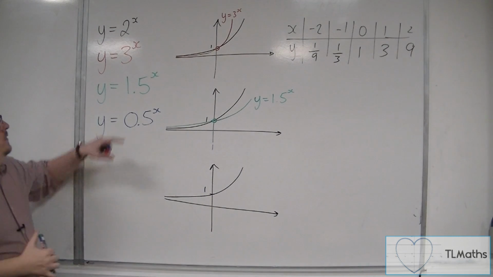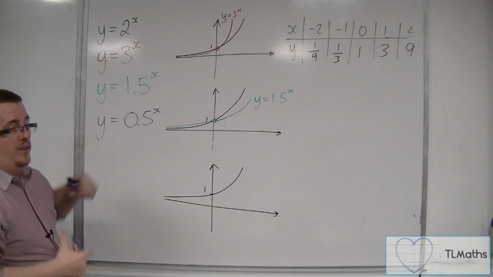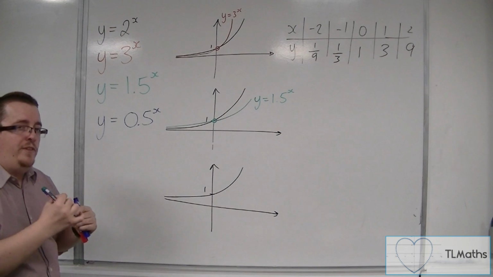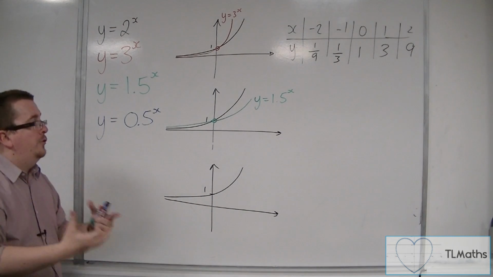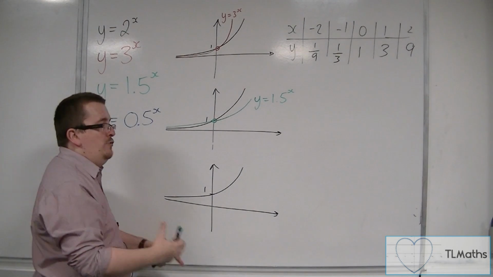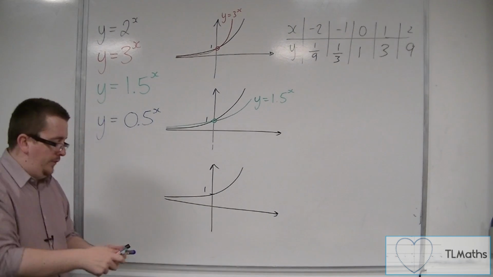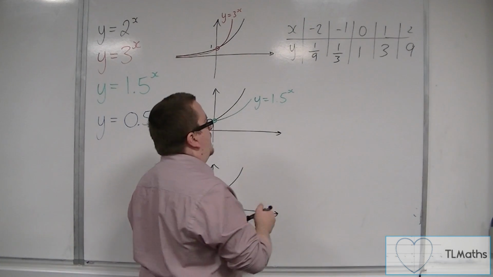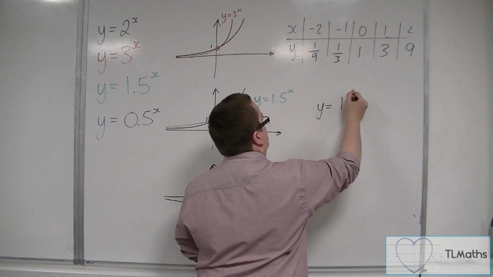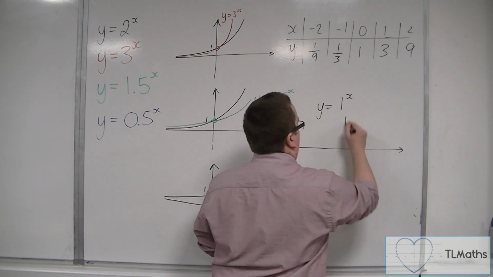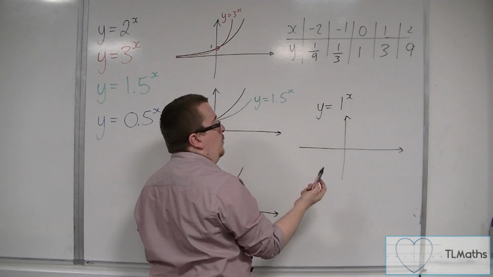Now, as this number that we have to the power of x decreases and gets closer and closer to 1, when it actually reaches 1, you have 1 to the power of x. And y is equal to 1 to the x would just be a horizontal line. It's y is equal to 1.